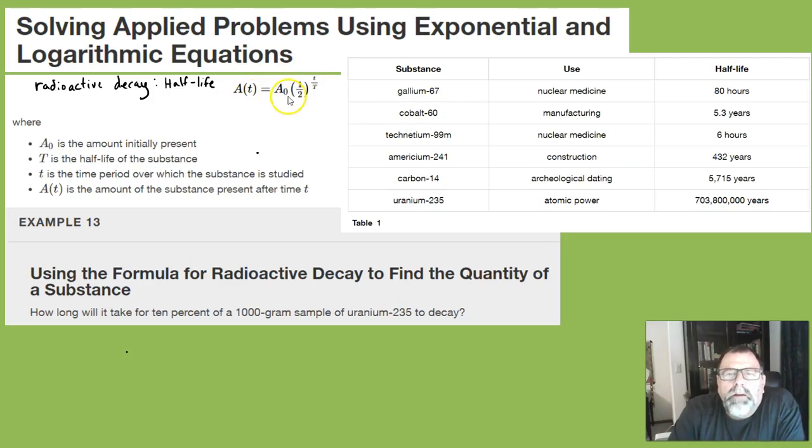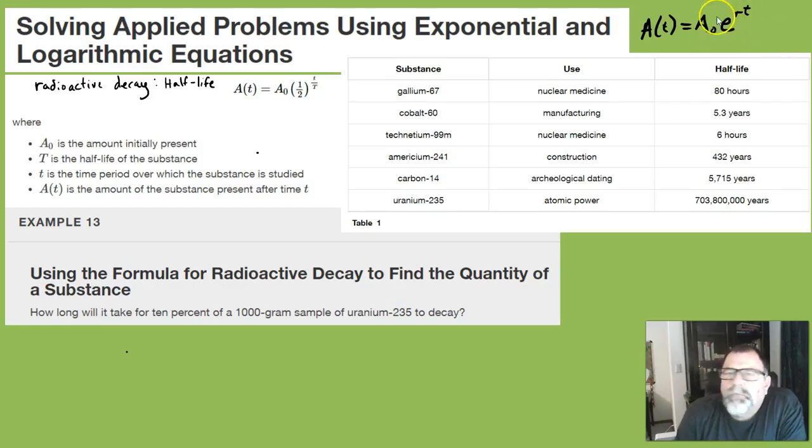This is the radioactive decay formula, your amount as a function of time equals A sub 0, which is your initial amount, e to the rt. Now if r is a positive number, this is exponential growth, and if r is a negative number, that would be exponential decay.